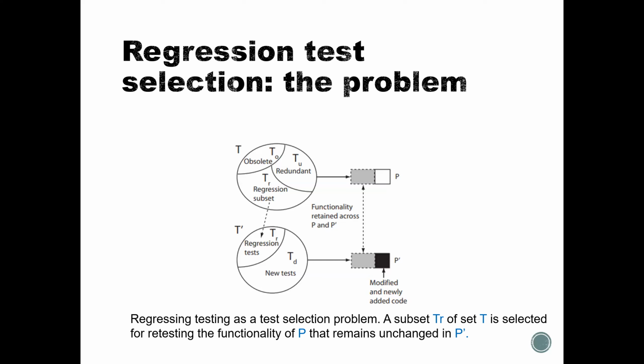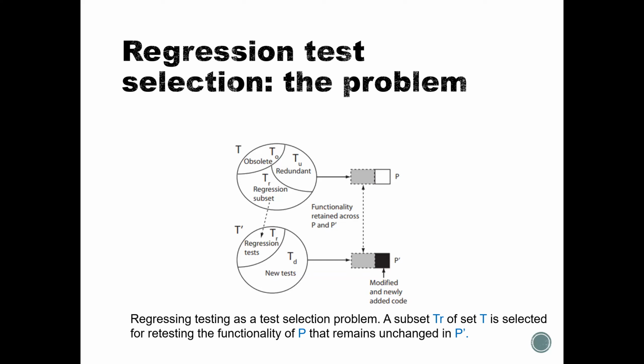Earlier, when program P was released, we had a specification, let us assume S. However, when we modified the program, we want to make sure that the modified program P dash also conforms to the specification S dash.